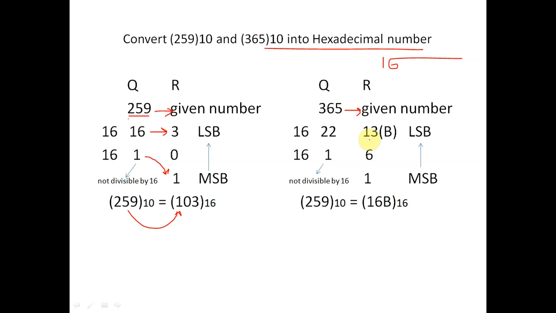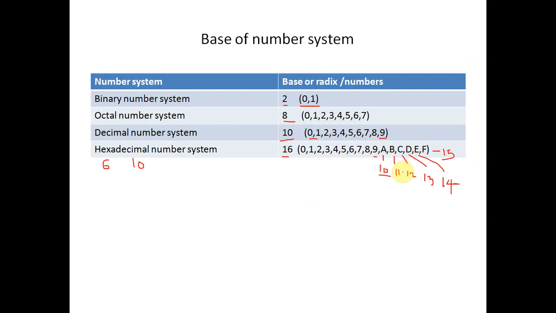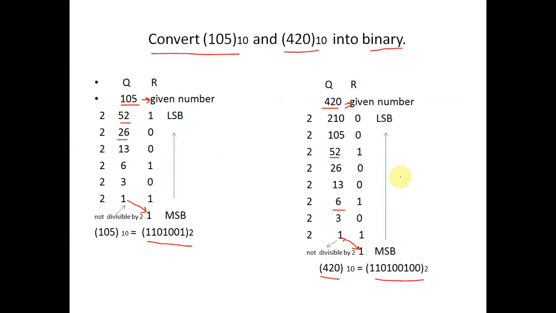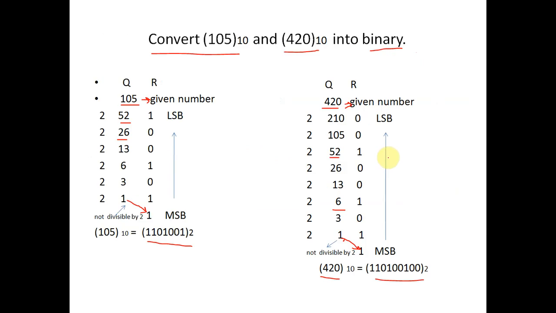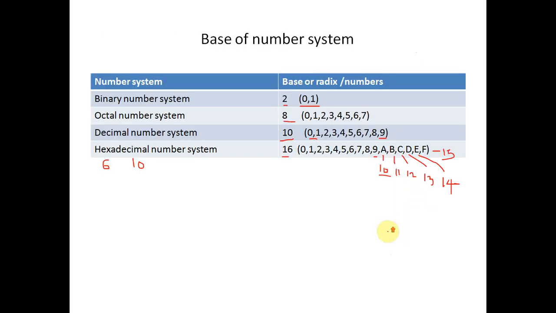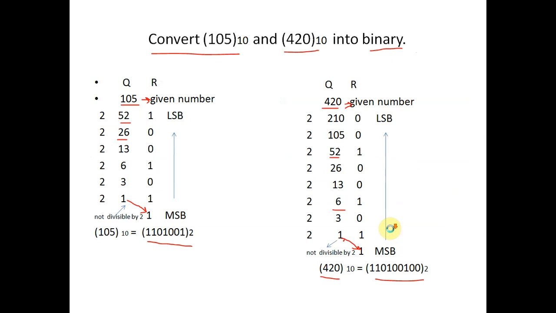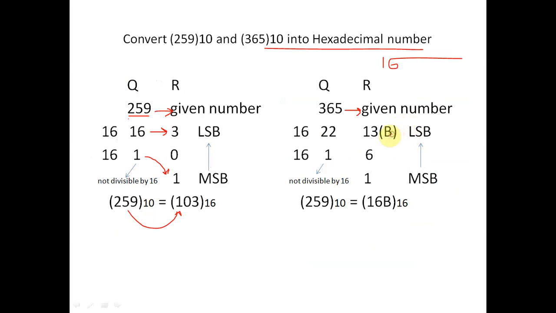But instead of 13 we write here D, because D is nothing but 13 in the hexadecimal number system.